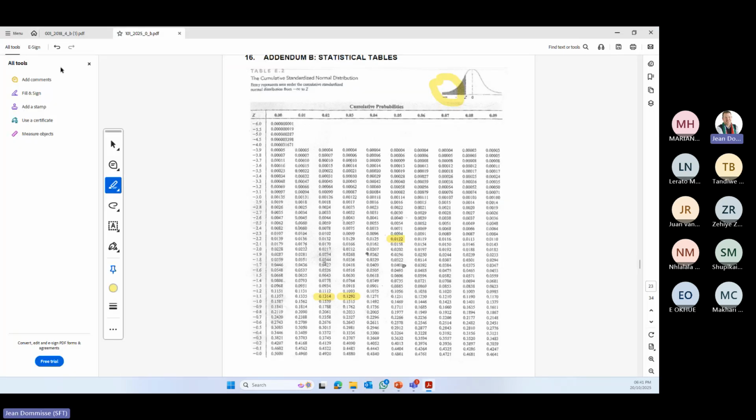Sorry, I'm also now looking at 1.13. Let's just see, where's 0.1303?